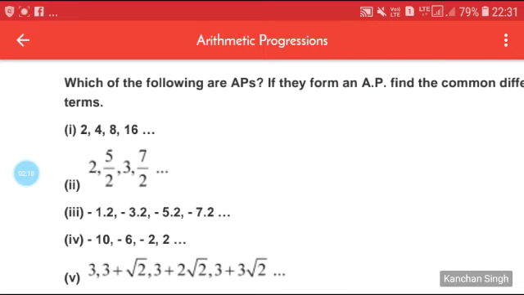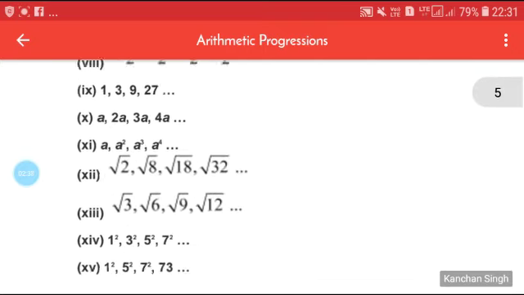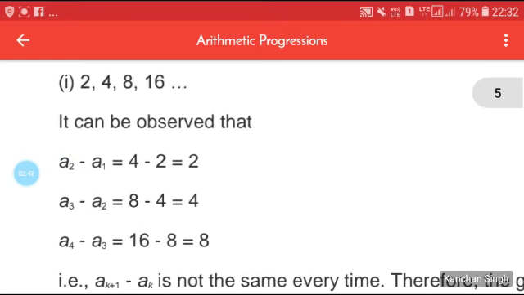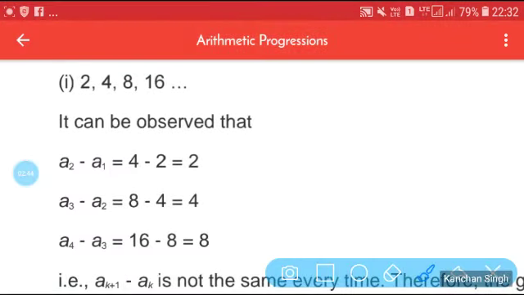Now see here, first we have to check whether the following are APs or not. The first is 2, 4, 8, 16. We should know that if the common difference D is the same, then only we can say it is an AP. So we check a2 minus a1: 4 minus 2, that is 2.